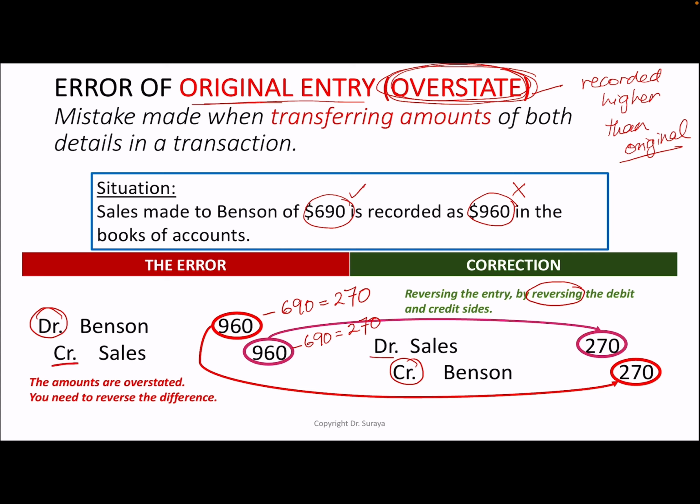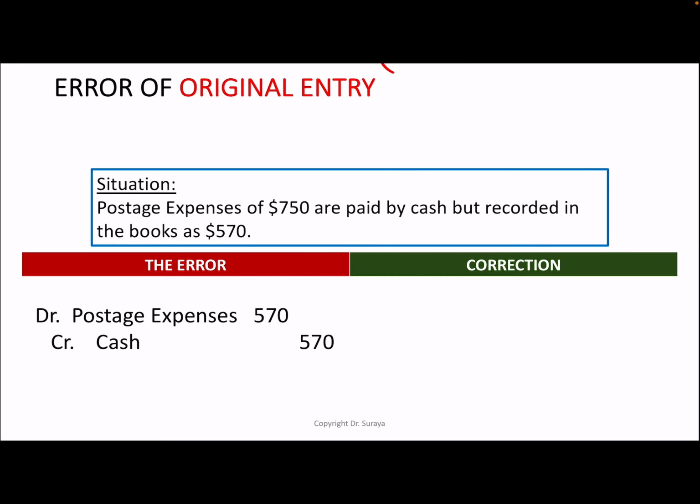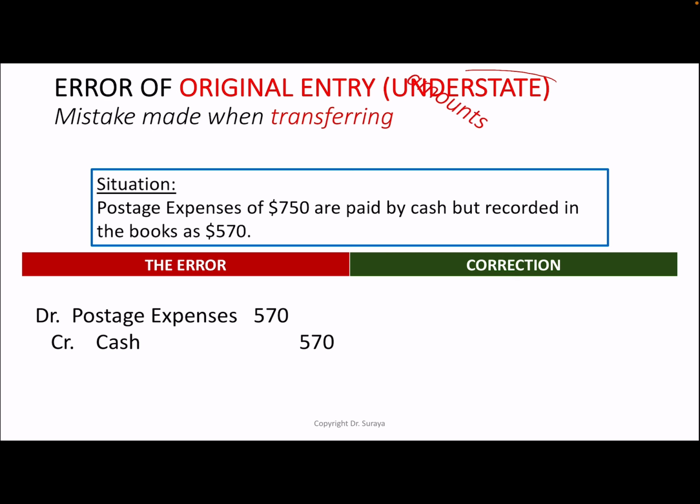So credit here, debit here. There you go, guys. This is how you correct overstated original entry, where you remove the overstated amount by reversing the debits and credit.